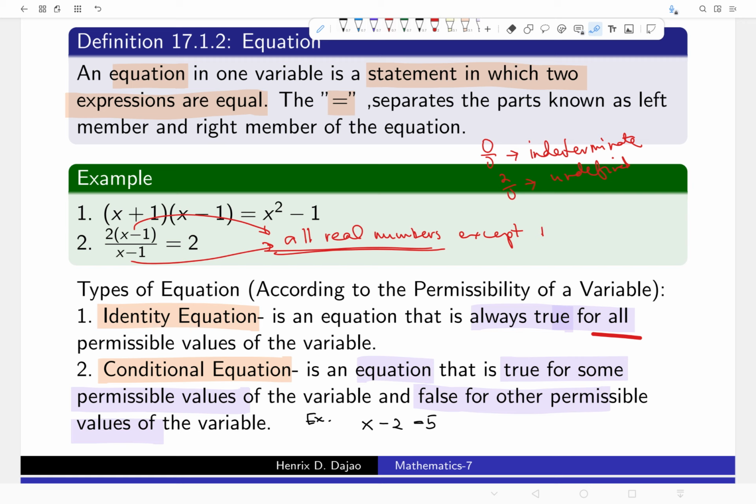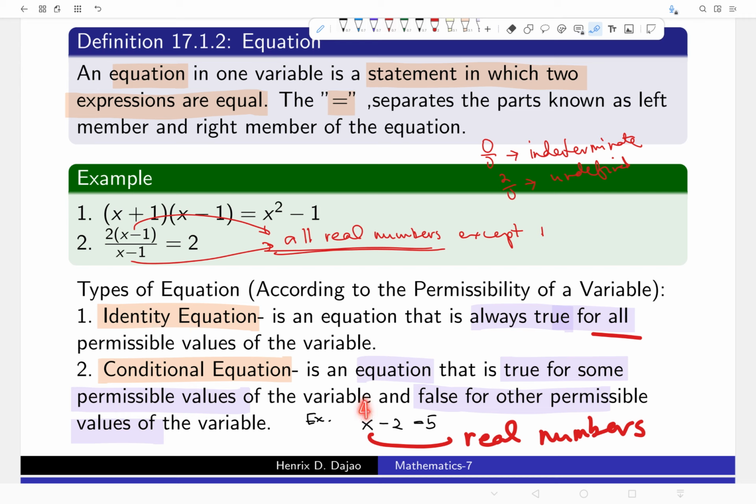But the question is, will all those permissible values make our statement or equation true? No, because if you substitute 4, which is a permissible value of x, remember, our permissible values of x are any real numbers, but not all those real numbers can make our equation true.